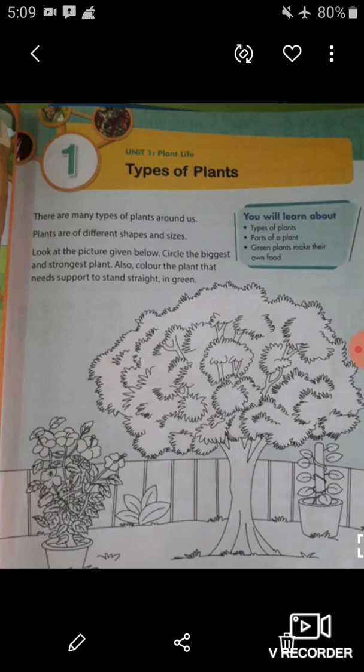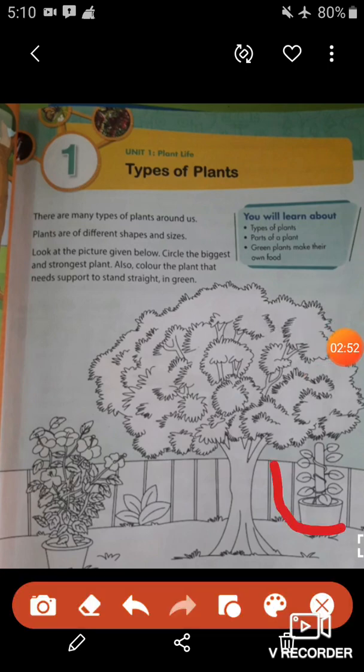Then you have to find the plant that needs support to stand straight. This is a picture of a money plant, and a money plant needs support to stand straight. So you have to color this money plant in green.